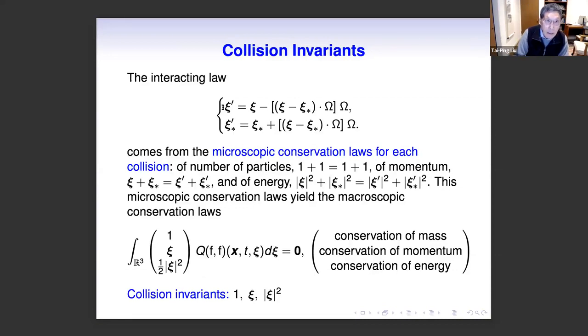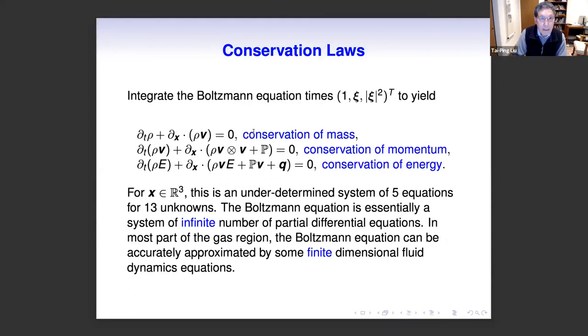And that's because of this interaction law at the top here, which says that the velocity before collision and velocity after collision conserve mass, momentum, and energy. All right, so this gives us the conservation laws.